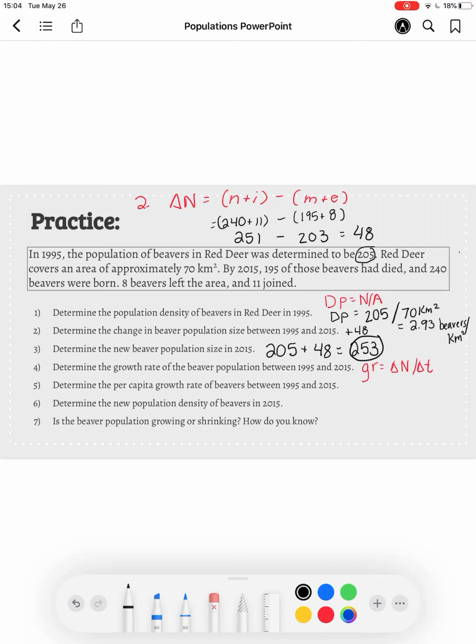So our growth rate, we're trying to figure that out. We don't know what it is. And our change, or our delta N, we've actually figured that out in the question up here. Remember we were figuring out delta N, which is 48. So we're going to write 48 there. And then the time, how long is it between 2015 and 1995? Well, if I'm not mistaken, I'm pretty sure that's 20 years.